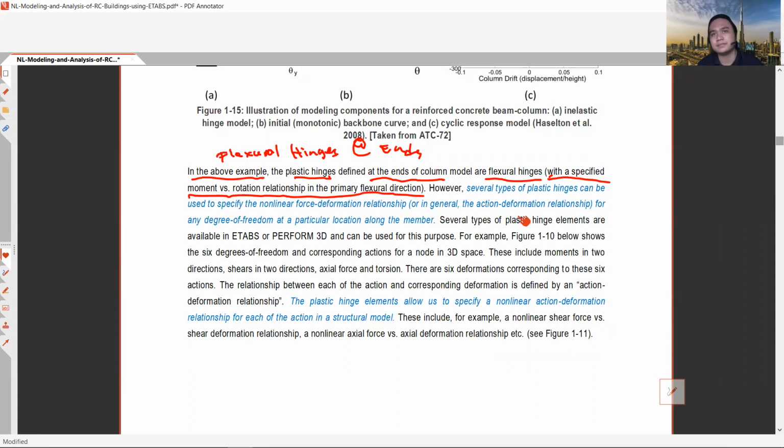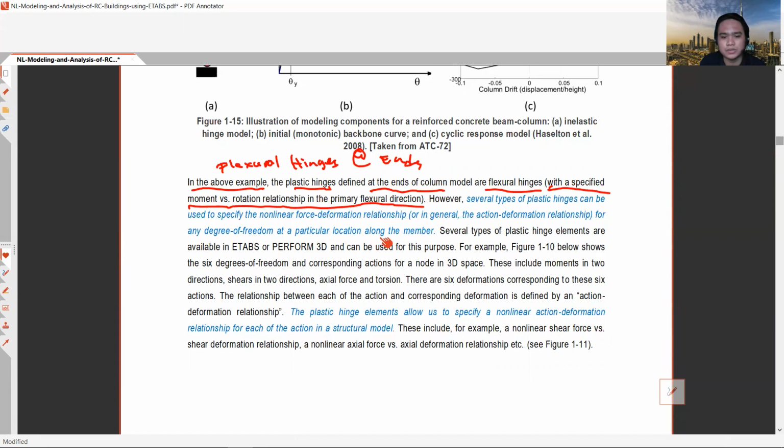So ibig sabihin, since we're dealing with different degrees of freedom, so in shear, meron siyang shear hinges, I think.